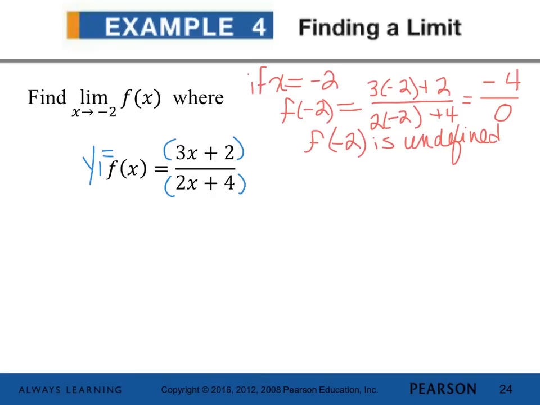So similar to what we've done before, we're going to again make the table using your calculator, and we're going to try to approach -2. A number that's a little less than -2 is -2.1.